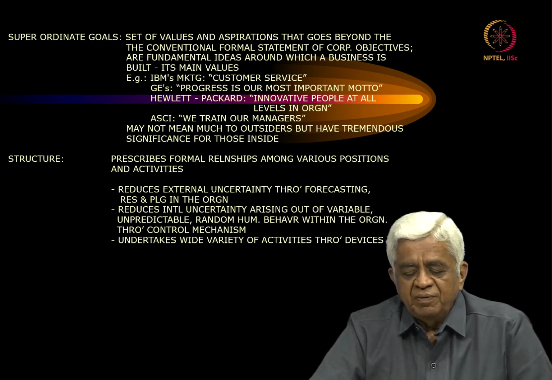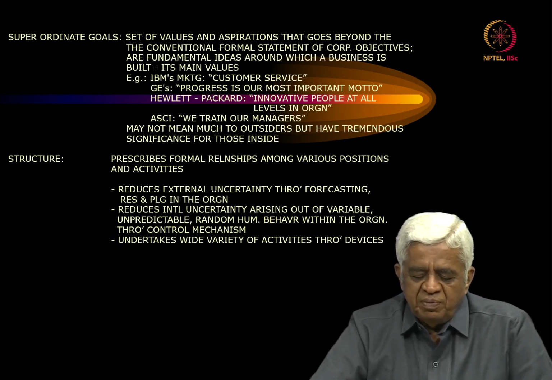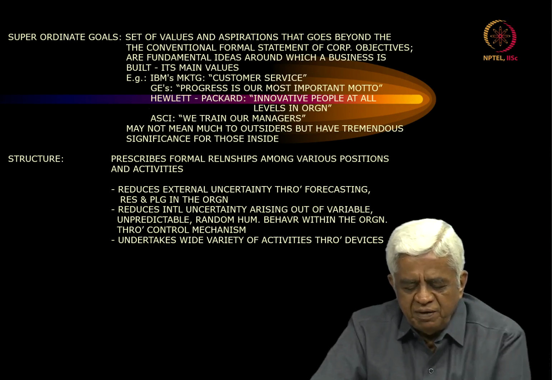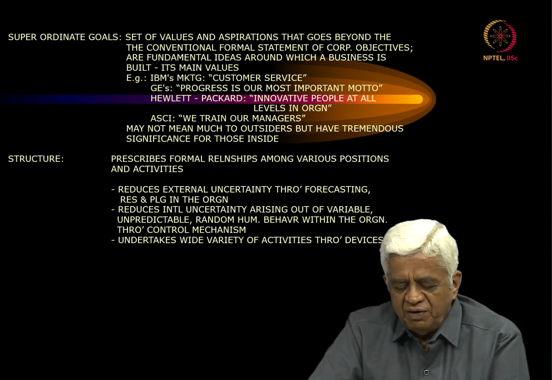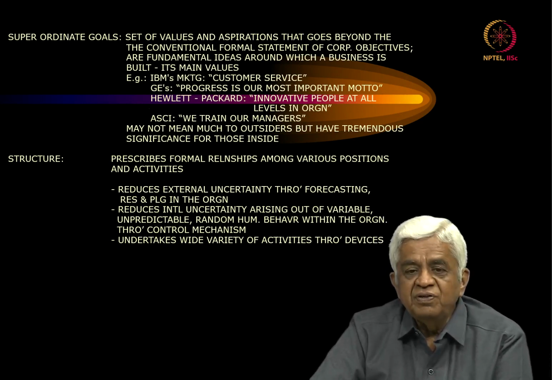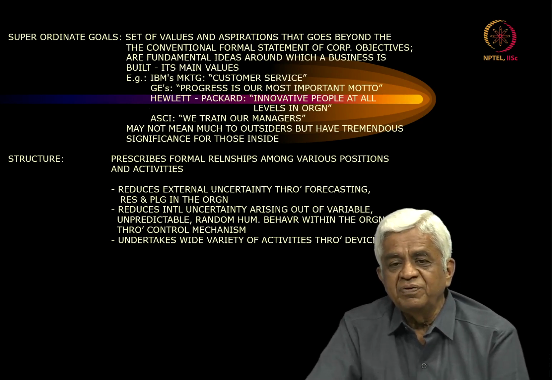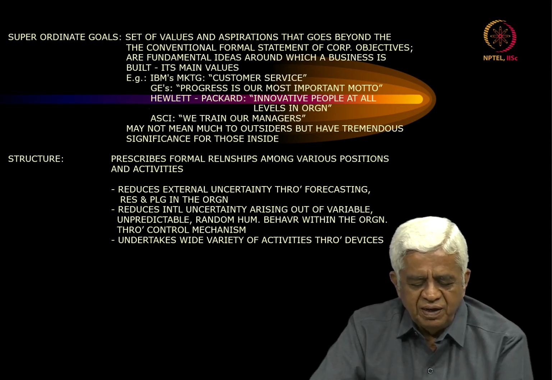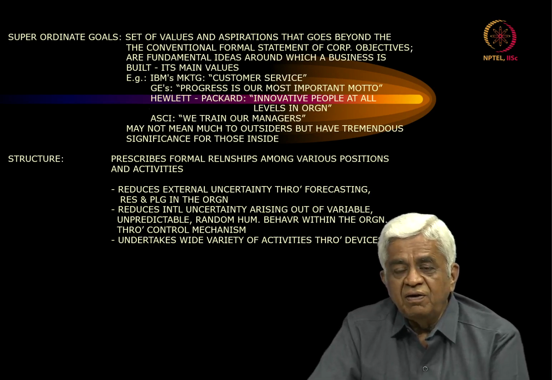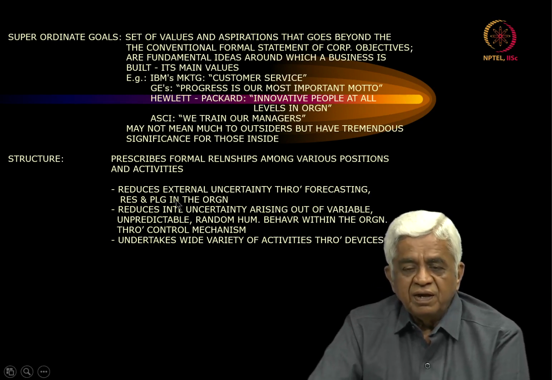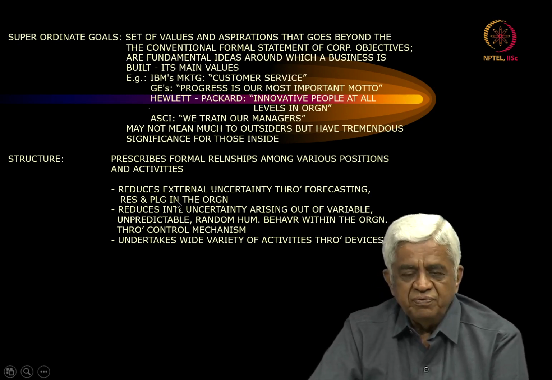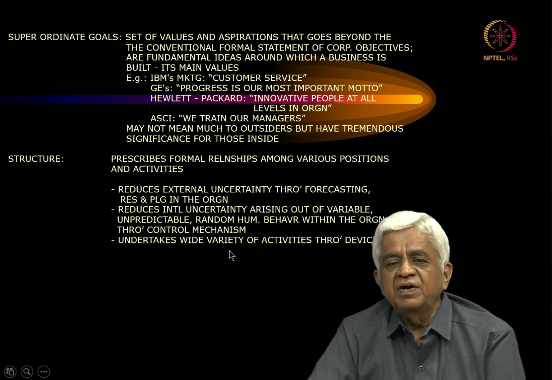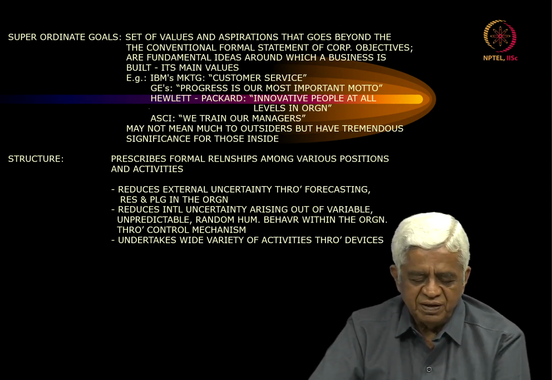What is happening? You are able to reduce the unpredictable random human behavior within the organization through control mechanisms. A division or a head of a division cannot take these types of random decisions without consulting other divisions in an organization.